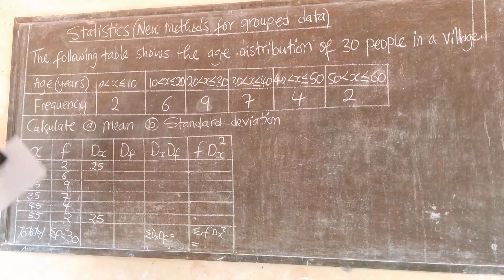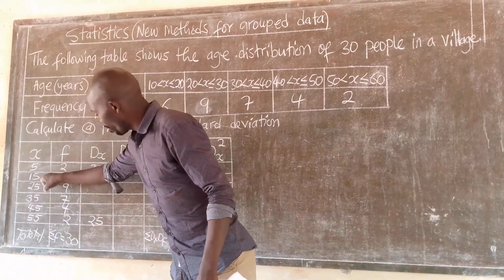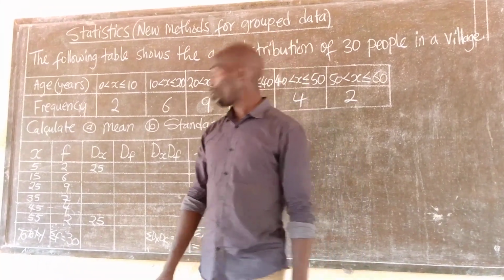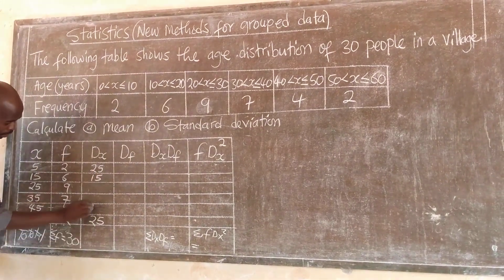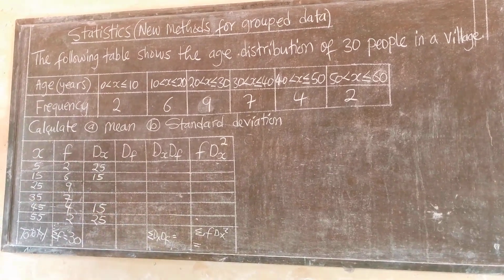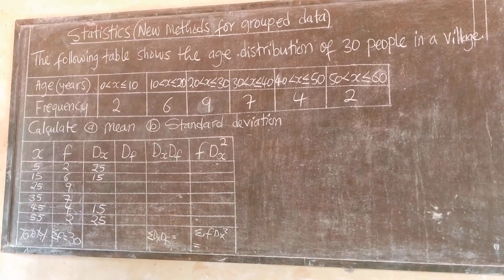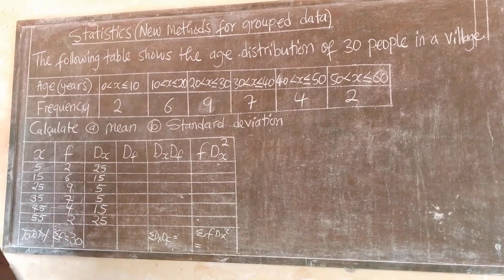The next one will be 45 minus 15, that gives us 30. Then 30 divided by 2, that is 15 here, and again 15 there. Then we have 35 and 25. We subtract them, the result is 10. Divided by 2, we have a 5 and a 5.